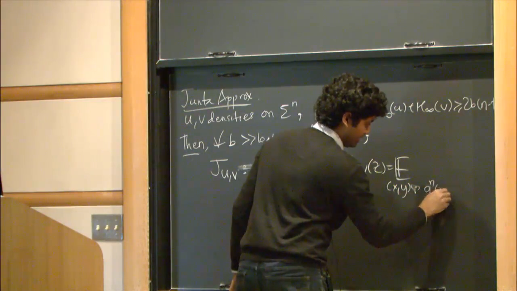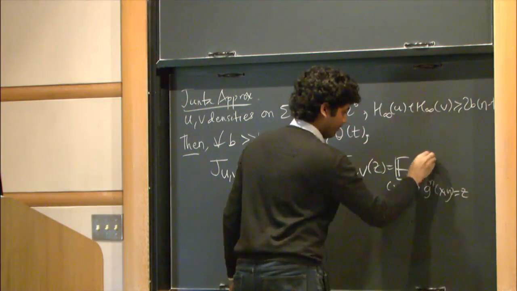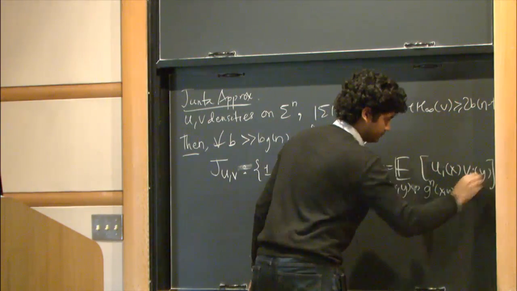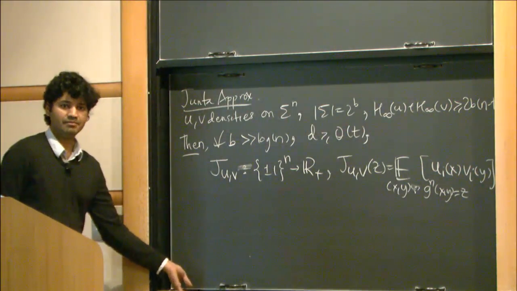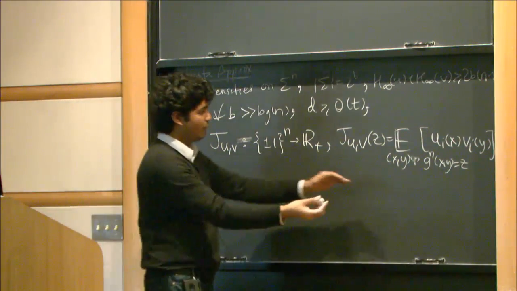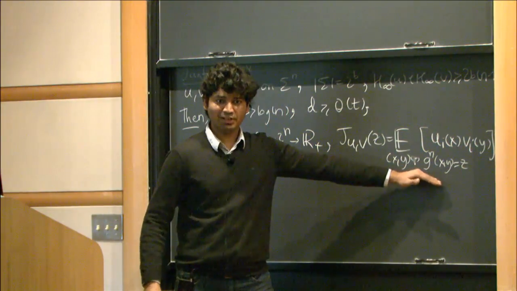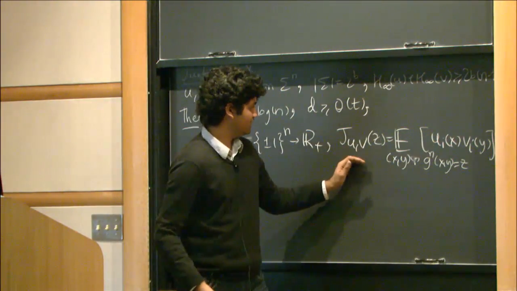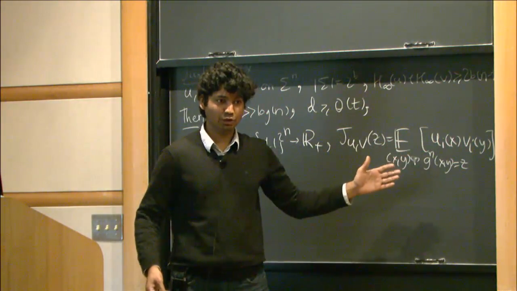X y are such that g n x y equals z, expectation of u i x v i y. Okay, and now let's just try to understand what this function is, right? ui and vi are positive densities, right? So in particular this juv function is non-negative.